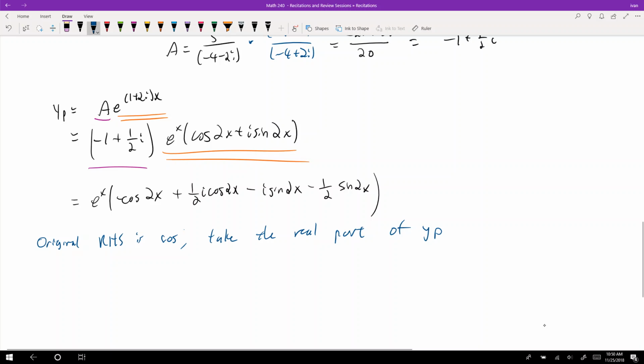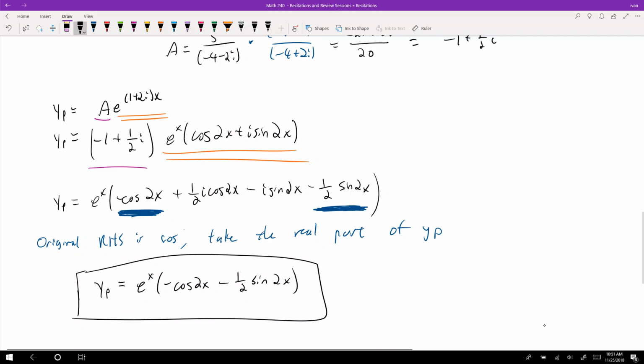So we really only want to take the real part of this yp that we calculated above. All right, and so what is the real part? Well, the real part is everything that doesn't have an i. So that's going to be this part right here, negative cosine 2x, there's no i there. And then minus 1/2 sine 2x. So the correct yp is actually e to the x times negative cosine 2x minus 1/2 sine 2x. Okay? And that is the real part of yp.